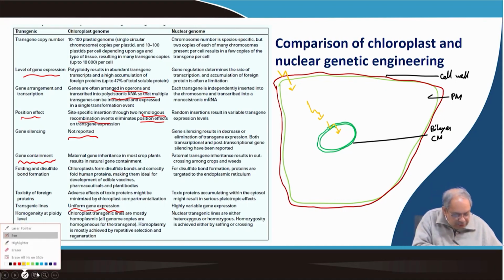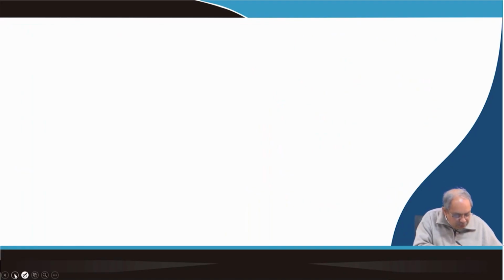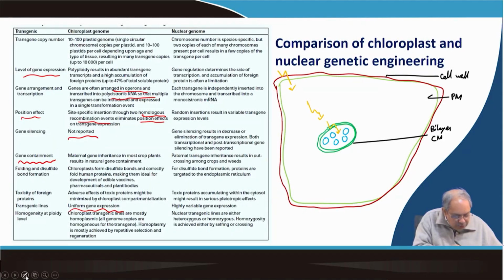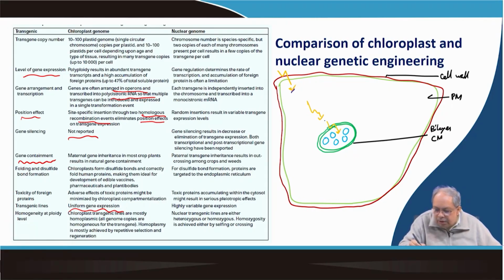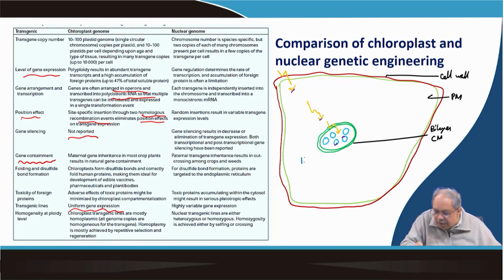Now, as I said, this plastid contains circular DNA. For the sake of simplicity I put only one, and this circular DNA will receive the gene. So here is the gene, it is coming. Maybe here and here it will get it, but in this case this is the case of heteroplasmy.